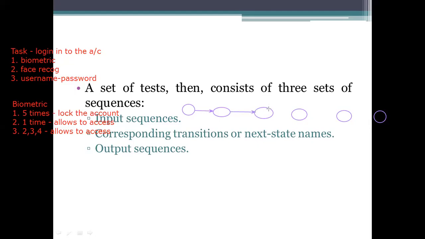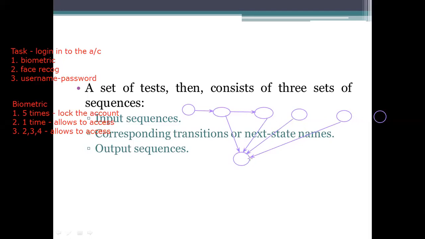At the second try you reach a state, and if it is successful, it allows you to access the account. So for the first state, second state, third state, fourth state, you are allowed to access.